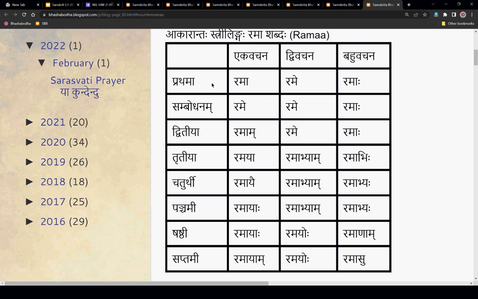Yeah, Sita, Ganga, Yamuna. And then Narmada, Balika, Mala, Shala, Daya, Maya, Vidya.